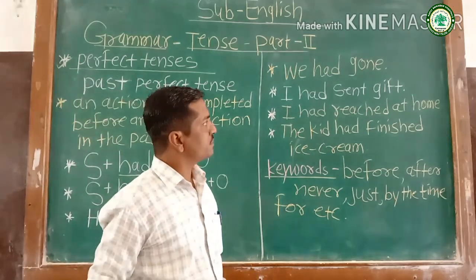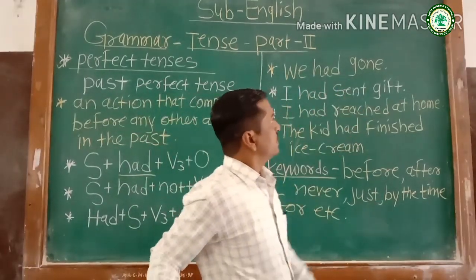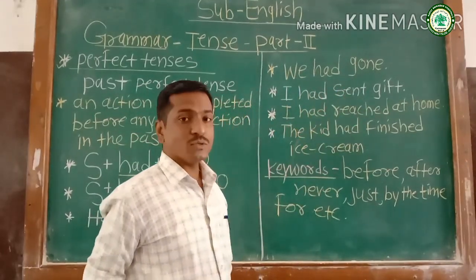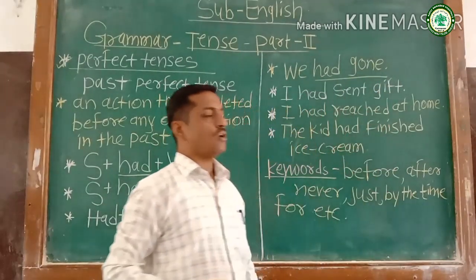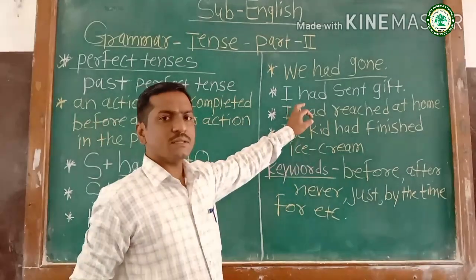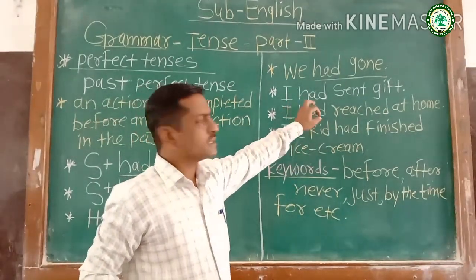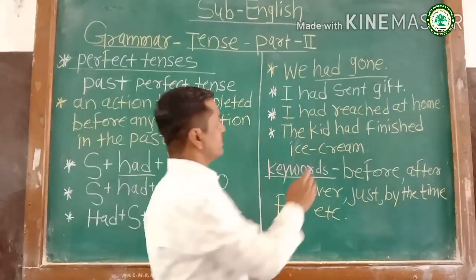Students, let's take some examples to make things clear. Here are some examples. We had gone. In this sentence we use had gone, which means the action was already completed in the past. The next example: I had sent a gift.